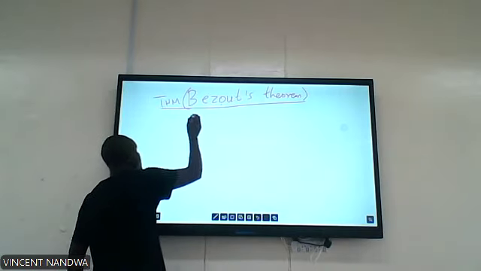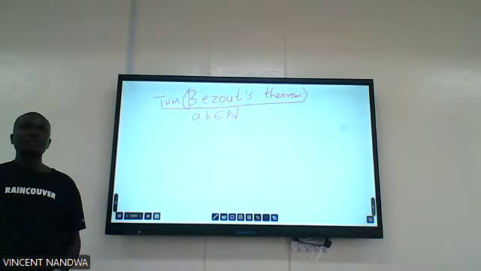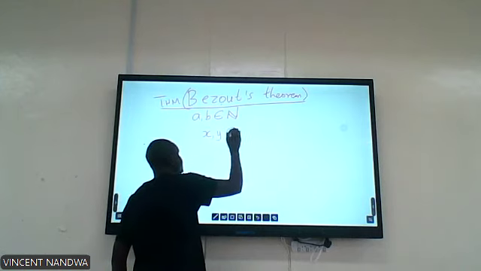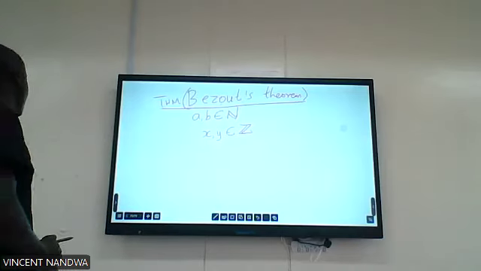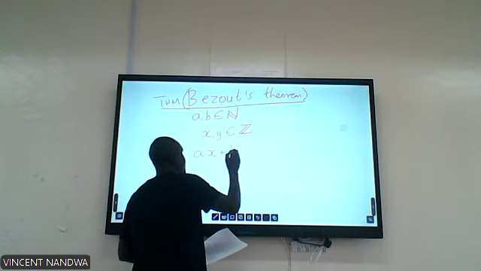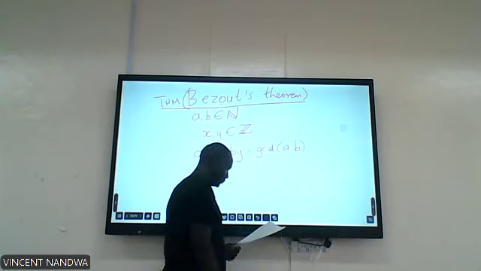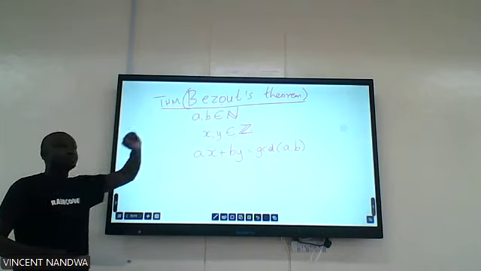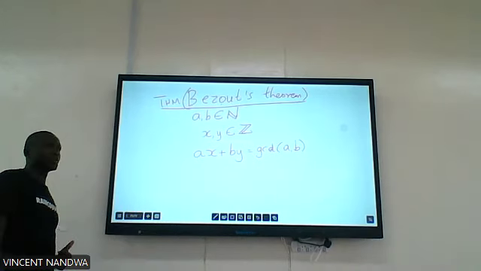For any two natural numbers, A and B, there exist two integers, X and Y, such that AX plus BY is equal to the GCD of A and B. So for any two positive integers, A and B, there always exist two integers such that the GCD can be written as a linear combination of the two numbers.